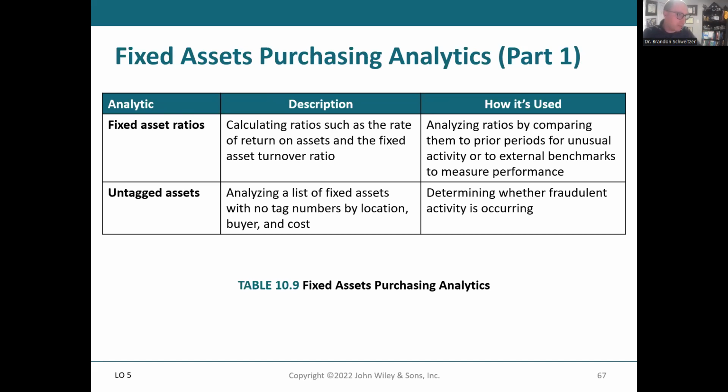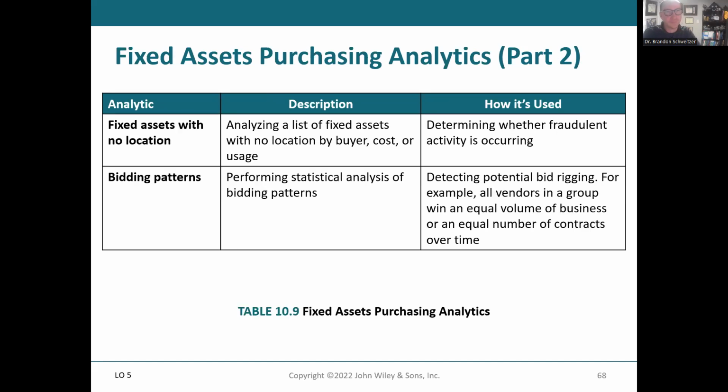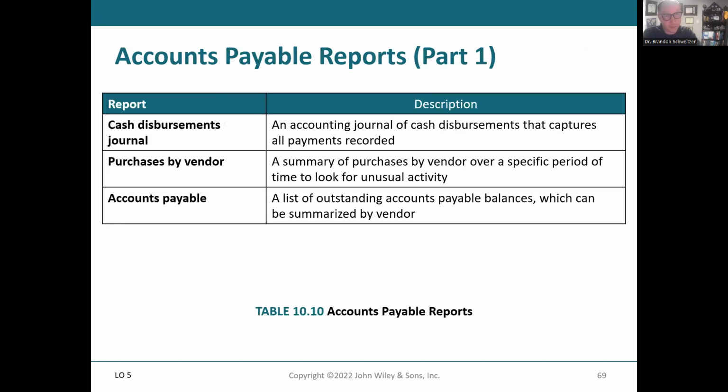Everything should have a unique identifying number when it comes to assets. And everything should have a location. Make sure everything's located, and that the bidding patterns are also identified if it's a recurring fixed asset type of purchase.